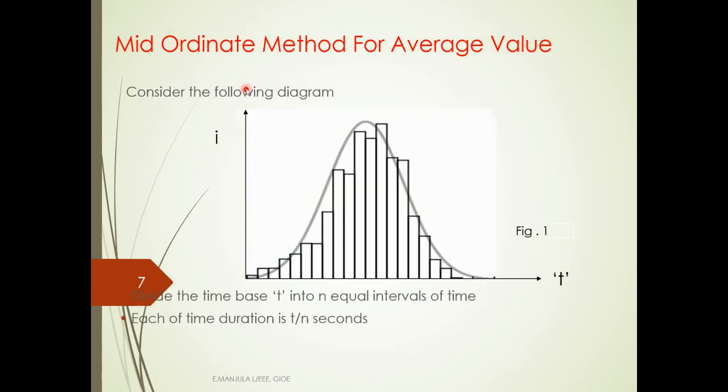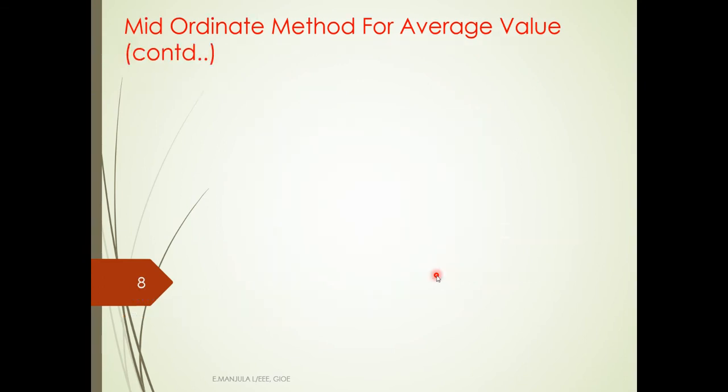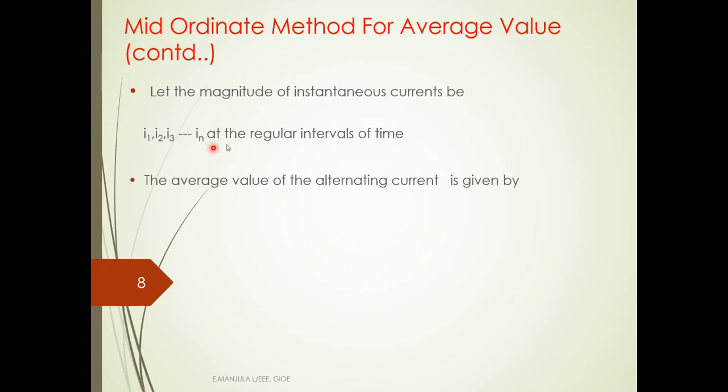In the y-axis there is current and in the x-axis it is T. We take N intervals, so N magnitudes of current at regular intervals of time, and the average value of the alternating quantity is given by I average equals I1 plus I2 plus so on till In, divided by N.